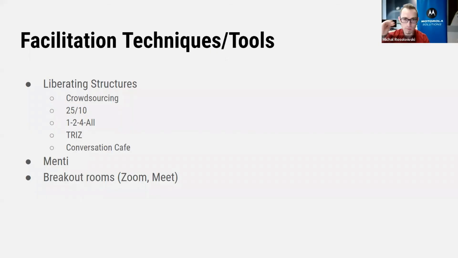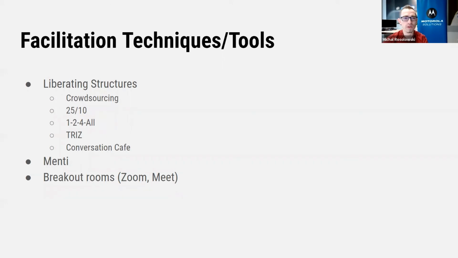And there are probably a lot of Scrum Masters and Agile coaches here in the meeting, so you probably know those tools. However, if you're looking for a starting point, some tools are generally more useful than others, and definitely Liberating Structures, which are basically methods for facilitating large meetings, come in handy, especially Crowdsourcing, 25/10, 1-2-4-All, Tris, or Conversation Cafe, and probably a few more, but I have some experience using those.